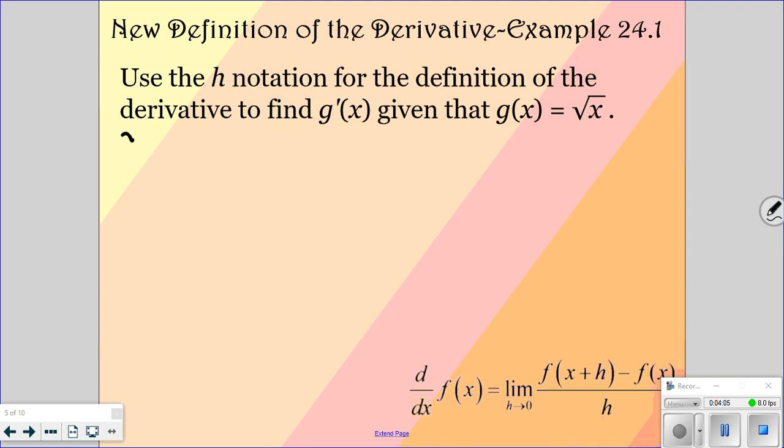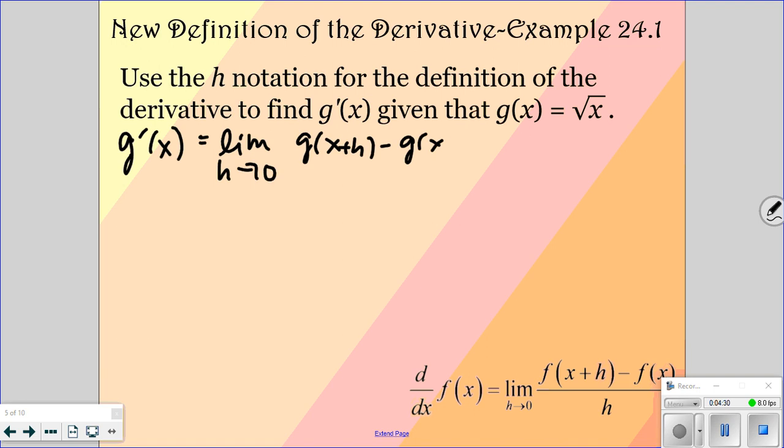And I'm going to do g prime instead of d over dx of g of x. But if you want to write this out, you can. So our derivative is going to be the limit as h approaches 0 of our function, well, it's not f of x on this one. It's g of x plus h minus g of x all over h.